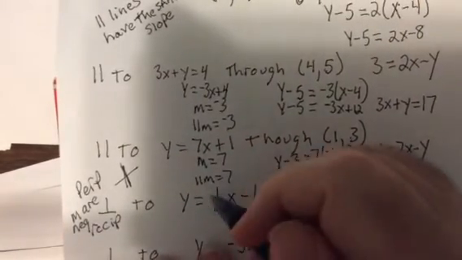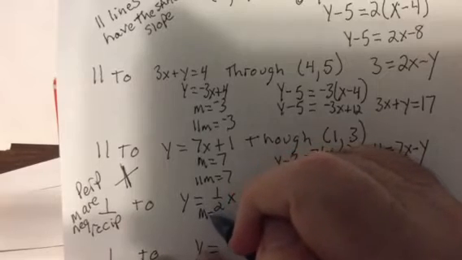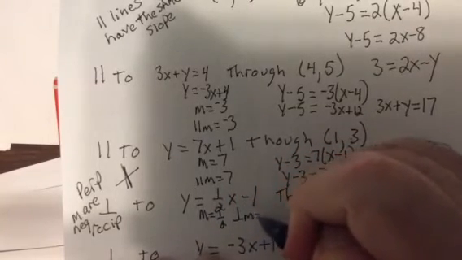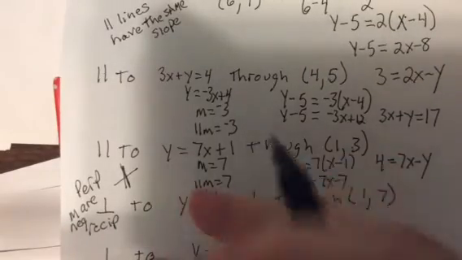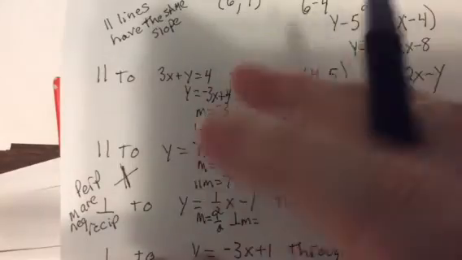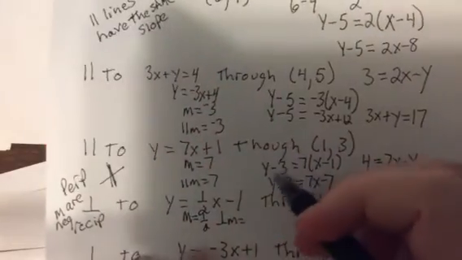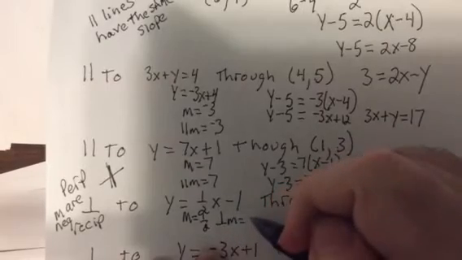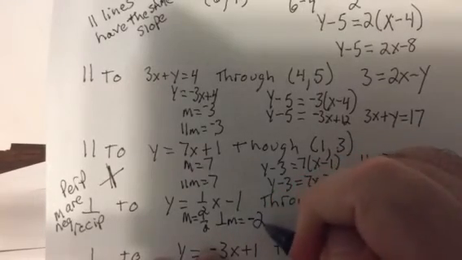So this slope is 1/2. So the perpendicular slope would be: flip it, reciprocal, flip, flip, you like math, flip, and then take the opposite. So slope is 1/2, so perpendicular slope would be -2.